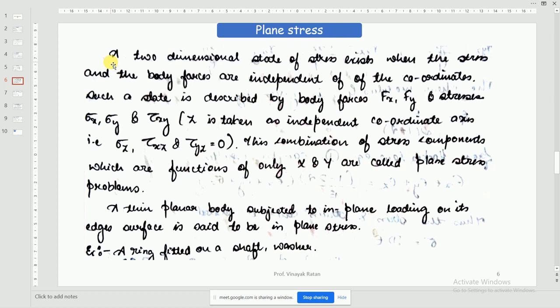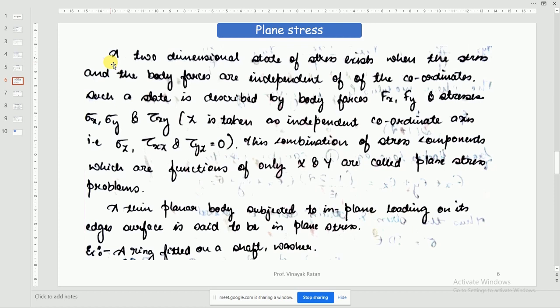A ring fitted on a shaft, a washer. Any other examples where you can apply this? Can you tell me where you can apply this plane stress condition?